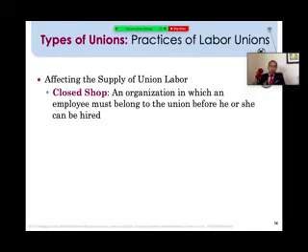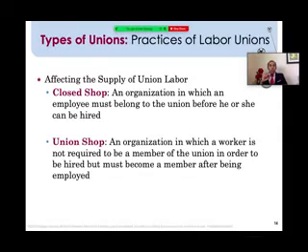I know of programs and actual big constructions that are taking place in Southern California that demand actual union labor only. And that's important. A union shop, in this case, is an organization in which a worker may not be required to be part of the union. It doesn't have to be part of the union to be hired under the industry or the company or the organization.